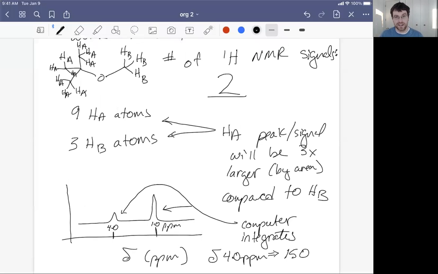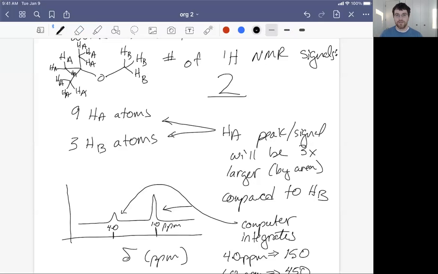It's just some unit. I'm going to get rid of this delta because I think it just confuses things. Now, at 1.0 parts per million, the computer reports back that the integral is 450.